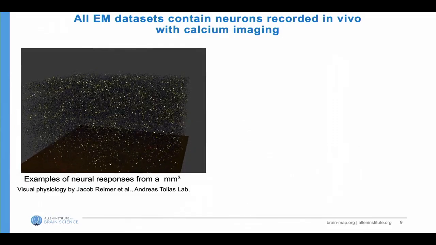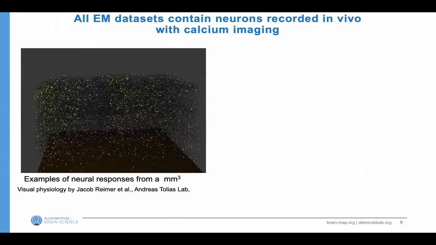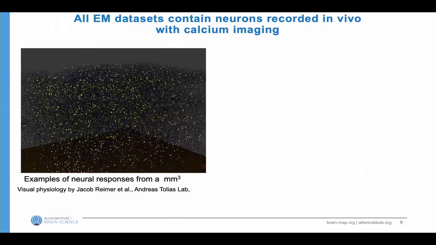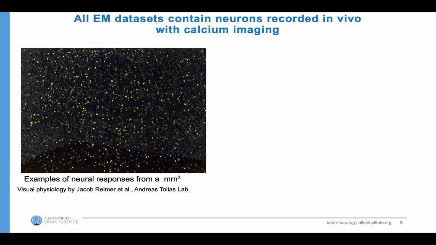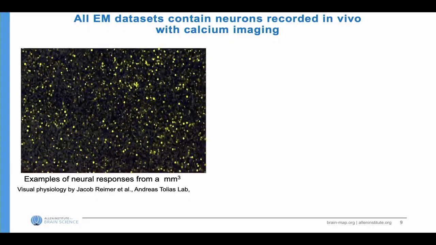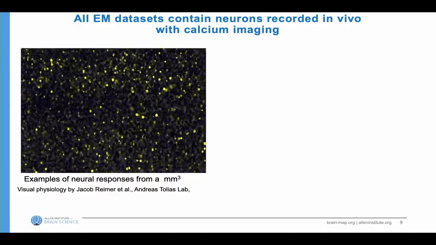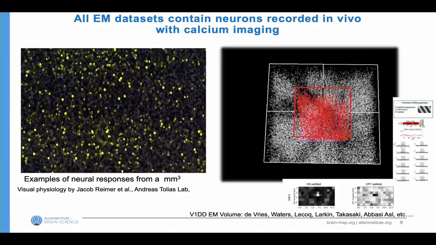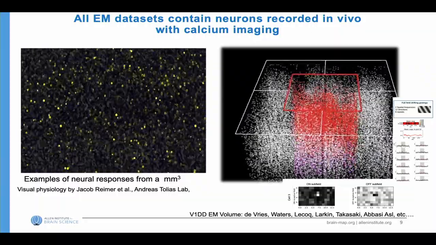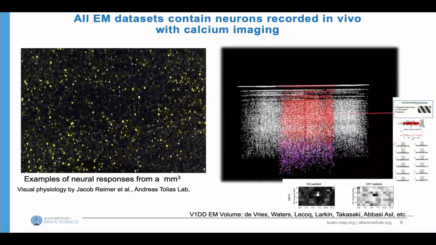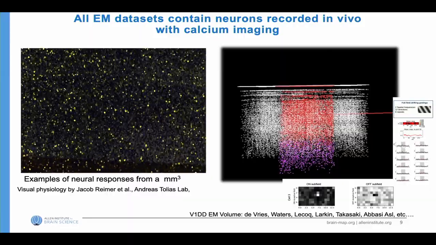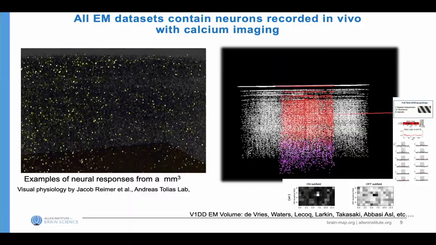Jump forward a decade, I guess, we continue to do all of our mouse connectomics in the context of physiology, but now we're doing the physiology in the cubic millimeter, either at Baylor or here at the Allen Institute, with next-gen 2-photon, 3-photon genetically encoded indicators.